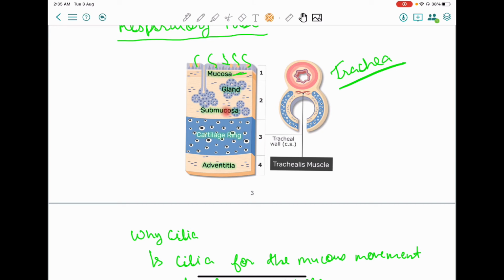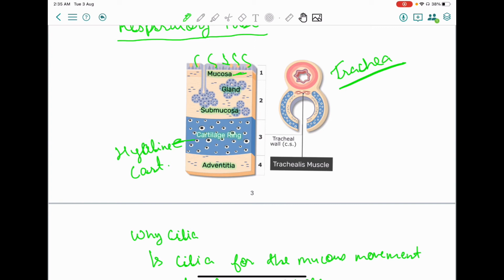You know, submucosa. And what is this? Cartilaginous rings. This is very simple: in the trachea, cartilaginous rings are present, which are made up of hyaline cartilage. We call these hyaline cartilage.